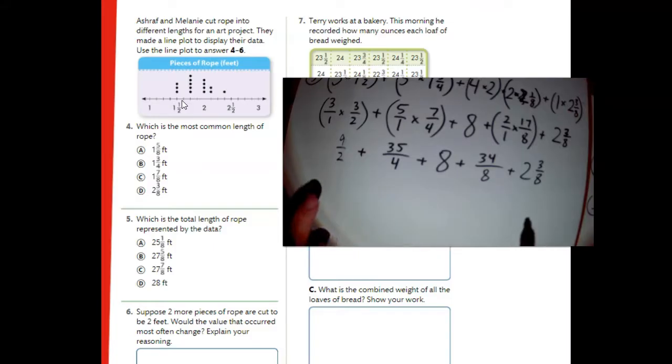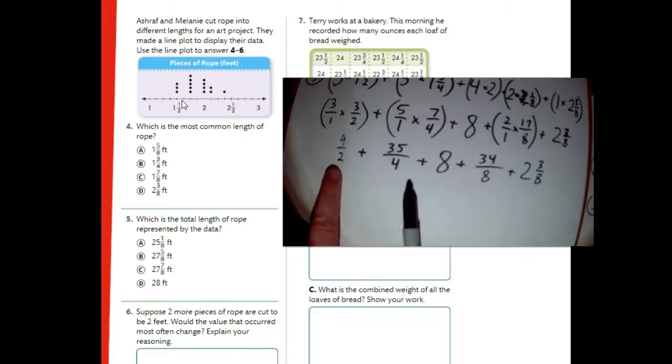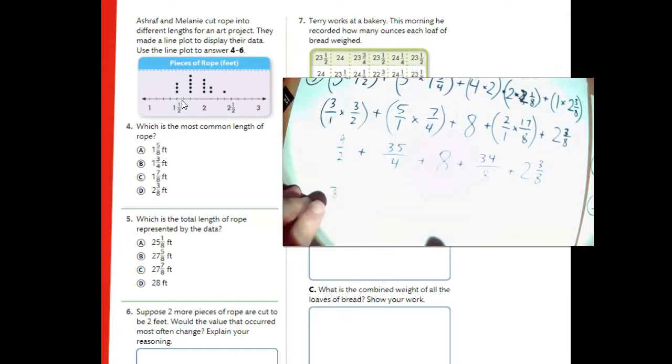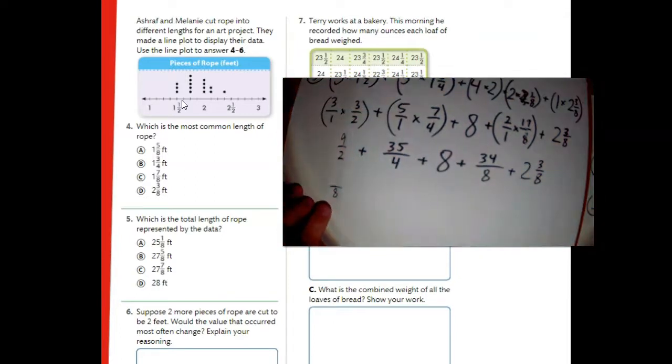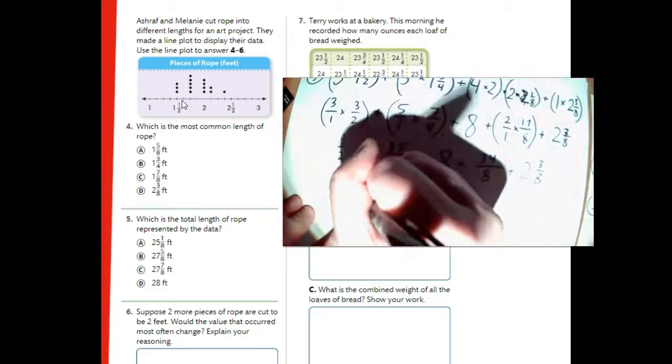So remember, common denominators is key. So it looks like a common denominator for all of these could be 8, between 2 and 4 and 8. So maybe I'll go that route. I'm going to turn 9 halves into something out of 8. Since I'm taking 2 times 4 to get 8, I need to take 9 times 4. That'd be 36 over 8.